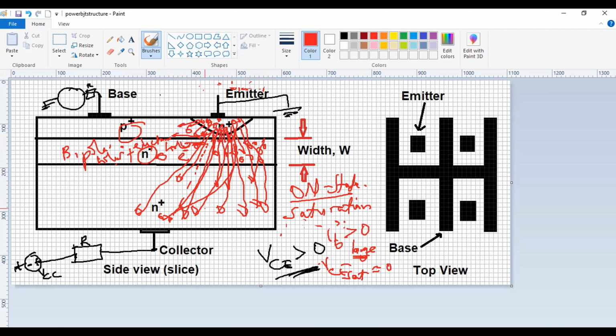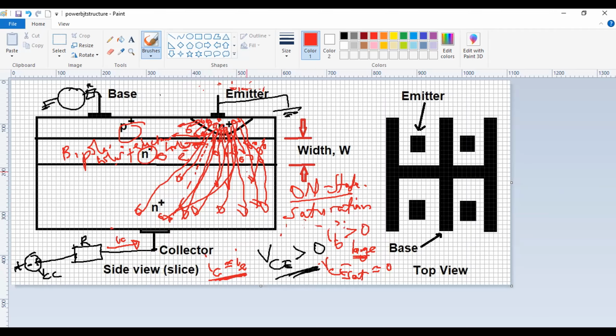Which basically means I've got current flowing. Current has to be flowing in the other direction. So I've got a collector current. Again, to simplify, I'll say that the collector current is roughly equal to the emitter current. For most of these cases, we'll be doing this approximation, so that I just talk about the collector current instead of the emitter current, because I'm assuming they're both roughly the same.